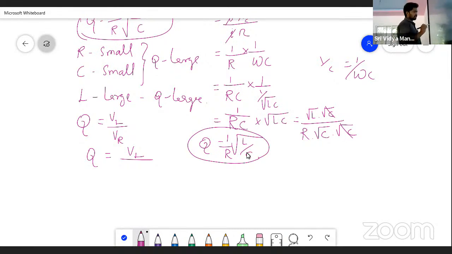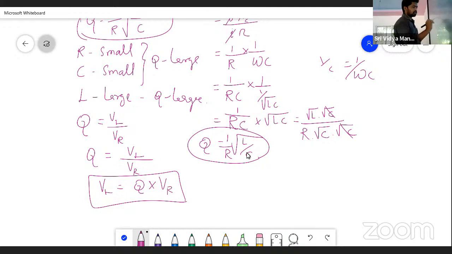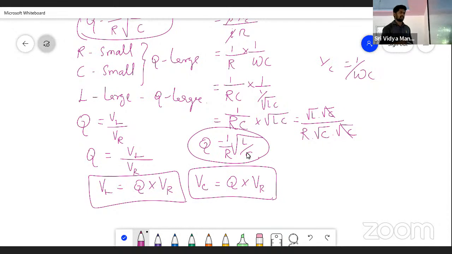The voltage across the inductor VL is equal to Q into VR. The voltage across the capacitance is also equal to Q into VR, where VR is equal to the applied voltage, the voltage across resistance at resonance, so V is equal to VR. That's why I take V equal to VR. So VL is equal to Q into VR.